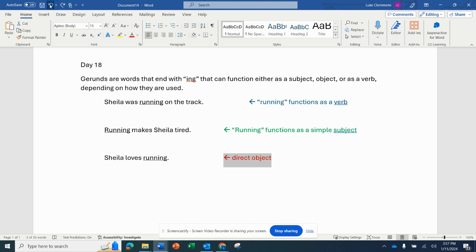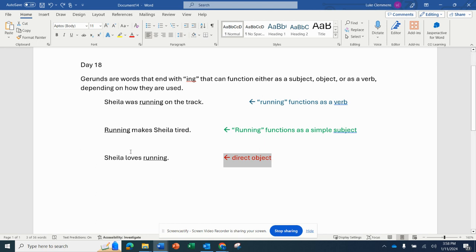Bobby is the subject because he does the hitting, and the ball is the direct object because it is the thing being hit. Okay, Sheila loves running. Loves is the verb. Sheila is the one who does the action of loving, and running is the thing that is loved. It's the direct object. So we have these three different examples where the same word functions in three different ways.